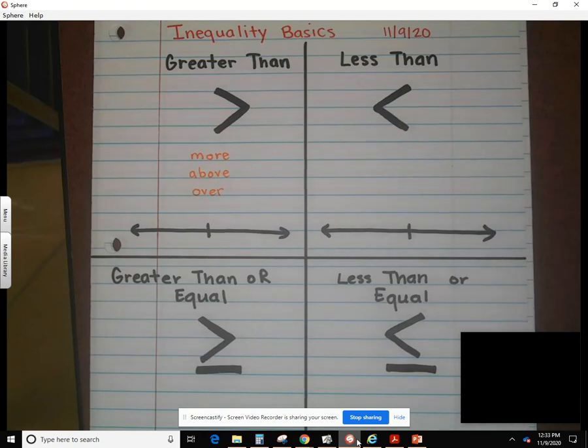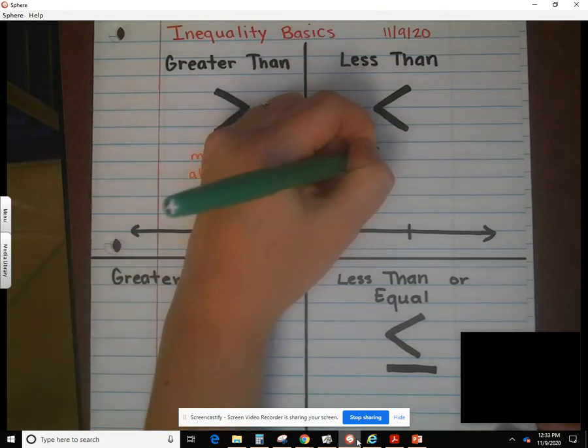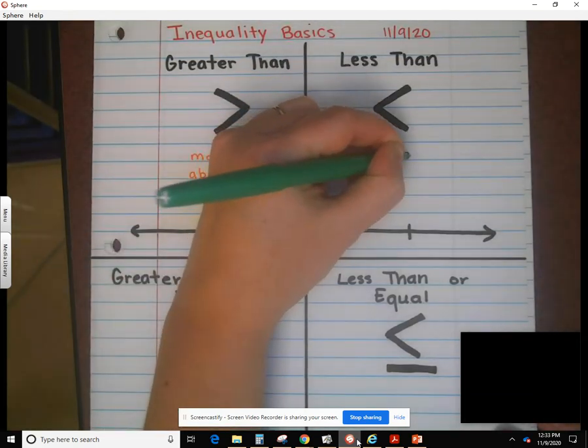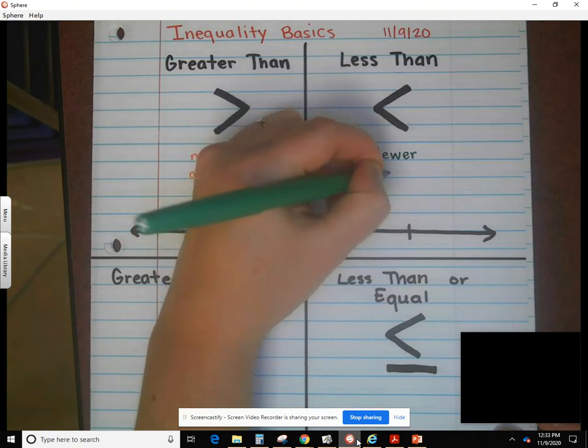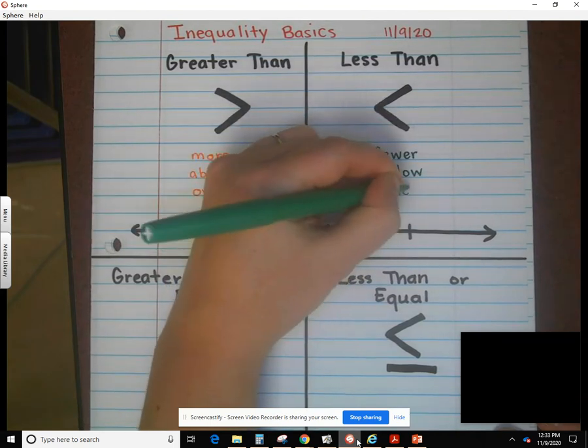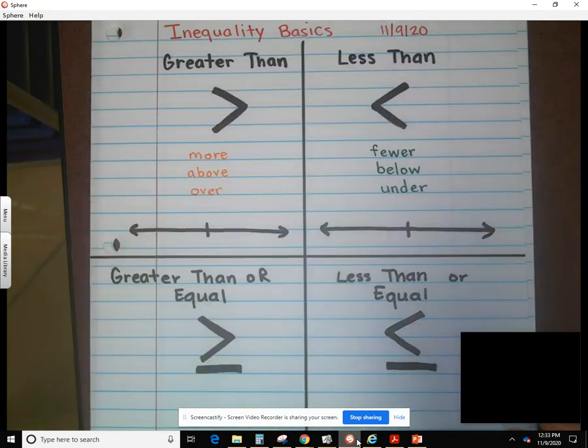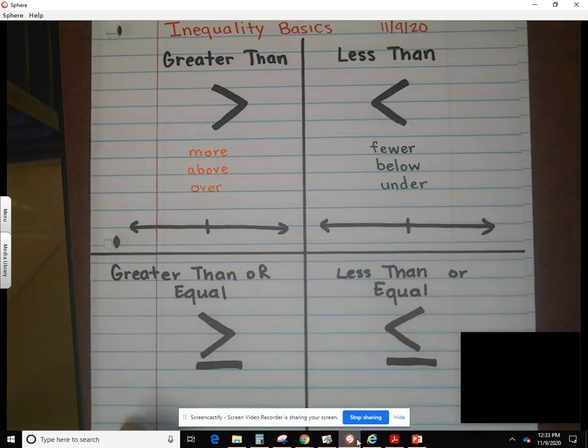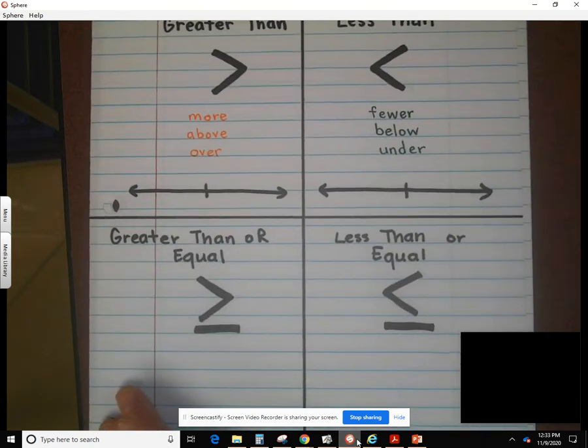Words you might see that could tell you that it's a less than problem: you might see fewer, below, or under. And again, those aren't the only ones, but those are just some common ones. Those are pretty easy because those are things that we know mean greater than or less than.